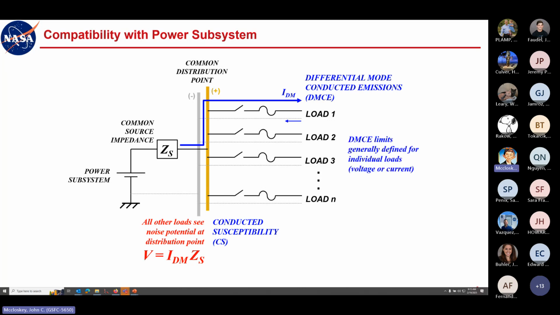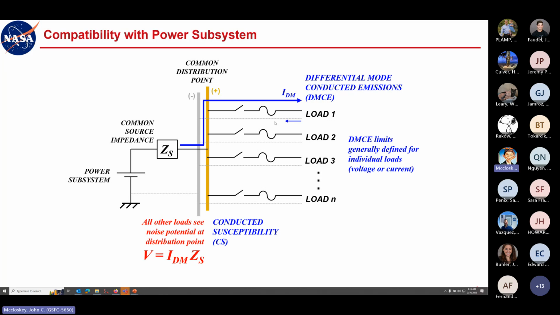Okay, so your differential mode conducted emissions limits are generally pretty much almost always defined for individual loads. You're defining a limit at an individual box level, because you want to be testing one box at a time before you integrate on the platform.